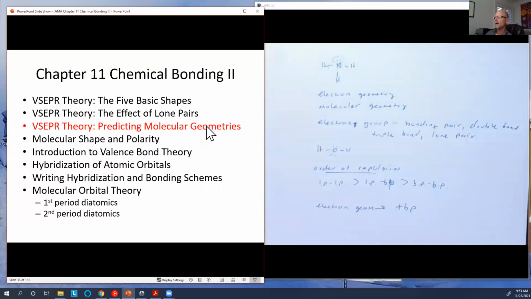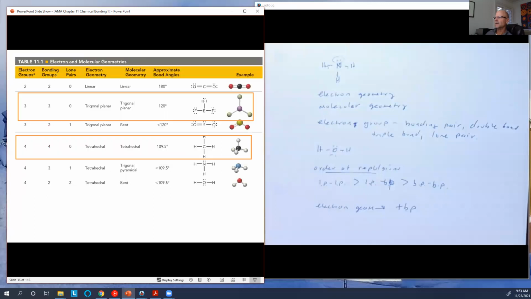Okay, so how do we predict molecular geometries for any molecule? We just look at the molecule, count the number of electron groups, see how many of those are lone pairs, and then figure out the geometry from there. This table in your book summarizes all the different possibilities, right? The ones that I've put in boxes here are the ones that have no lone pairs, which are what I call the basic geometries, right?